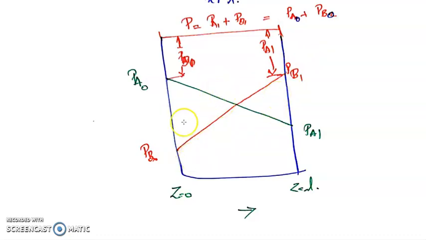And what is the total pressure? The total pressure P at z equal to 0 will be PB0 plus PA0, and similarly at z equal to L, the total pressure is P equal to PBL plus PAL. Like I said earlier, since the number of molecules in the system remains unchanged, the total pressure will always be a constant. And if you want the total pressure at any individual location, you just need to add the corresponding partial pressures of A and B at that position.